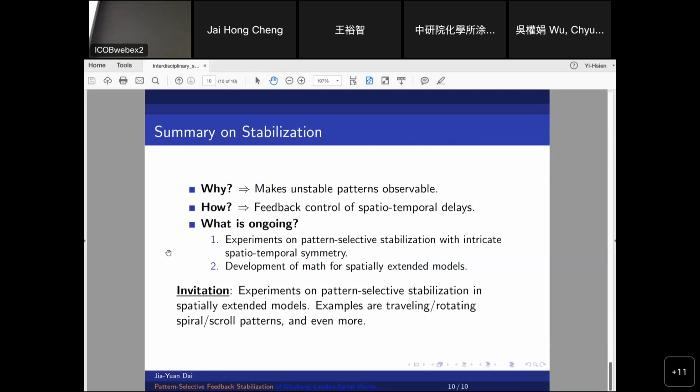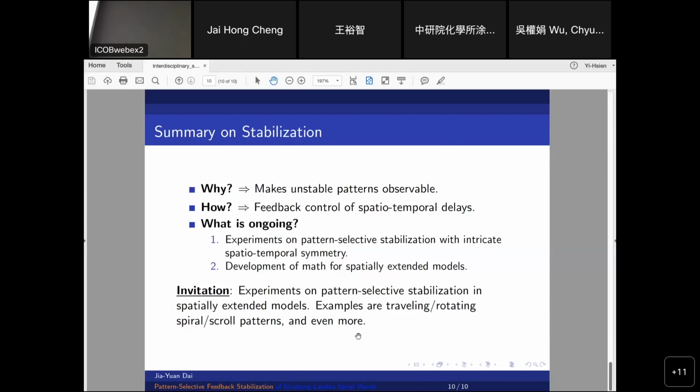And why is it ongoing? The cutting edge research has two aspects. The first one is that people are doing experiments on pattern selective stabilization with many spatiotemporal symmetries. This is ongoing cutting edge research. And also mathematically, there is a fast development of math for spatially extended models or PDEs.